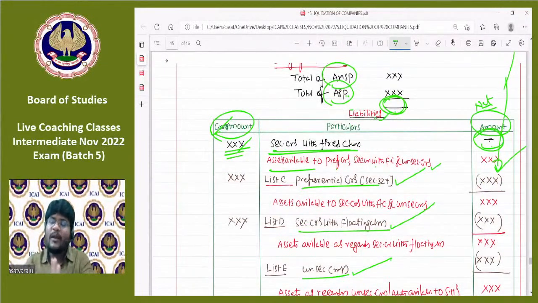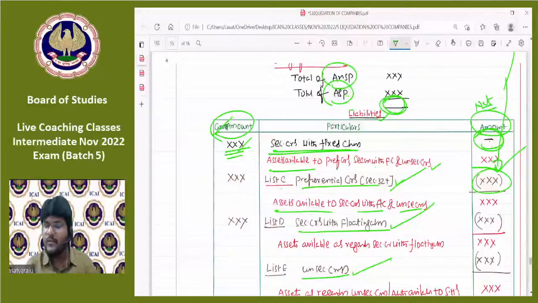From here, start making payment to the various parties. First, preferential creditors as per list C. After making payment to the preferential creditors, check how much worth of assets is available for secured creditors with floating charge and unsecured creditors. Then make payment for secured creditors with floating charge as per list D.